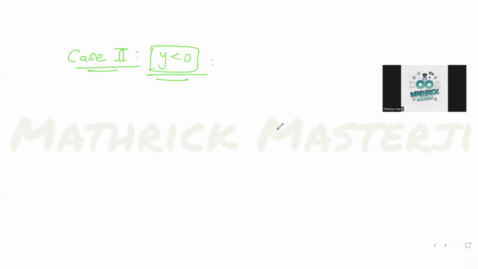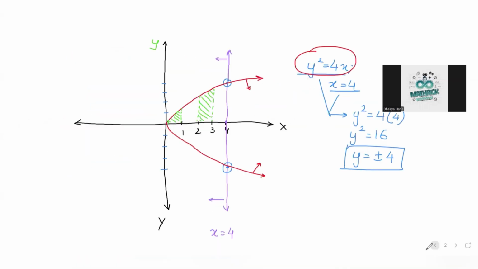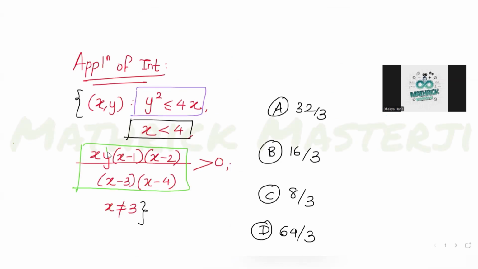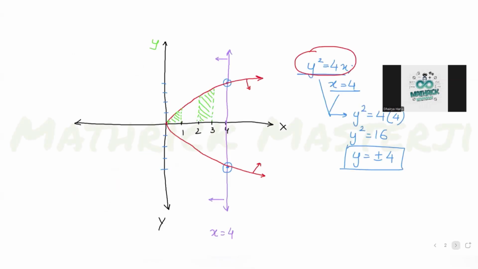So if I'm putting y as negative now, the product of them still should become positive. So if this y alone is negative, then the product of all the remaining terms should also become negative, because negative times negative will give me a positive value.